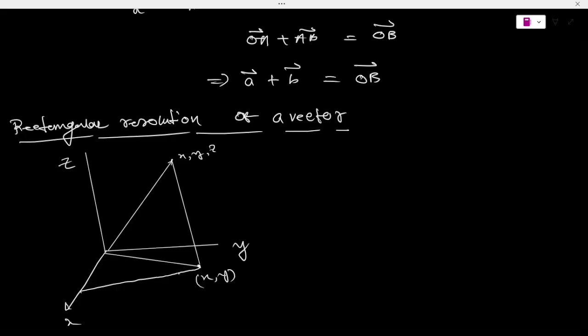And after that I'm giving the names: it will be x of i cap, y of j cap, z of k cap. And this is r vector, and this is z of k vector.